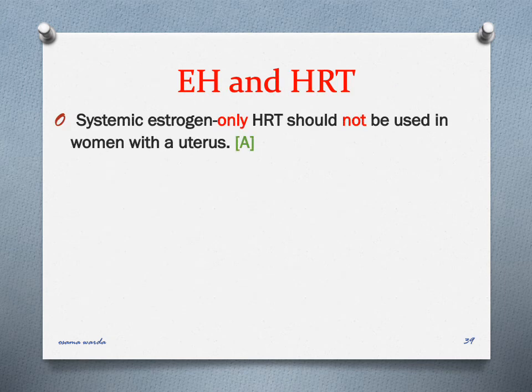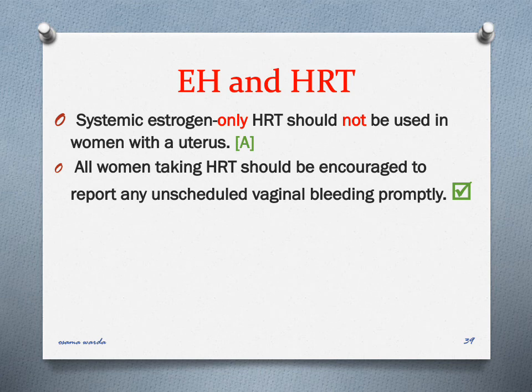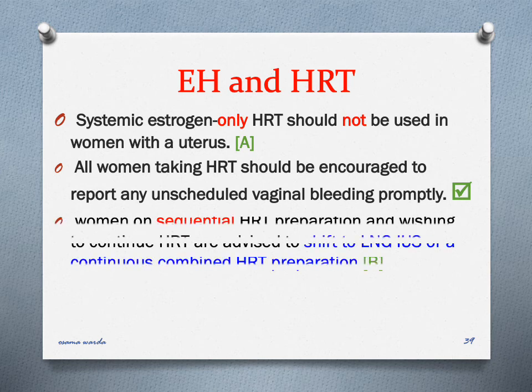The third situation is endometrial hyperplasia and hormone replacement therapy. Systemic estrogen-only hormone replacement therapy should not be used in women with a uterus, and this is a strongest recommendation, Type A recommendation. All women taking hormone replacement therapy should be encouraged to report any unscheduled vaginal bleeding promptly.